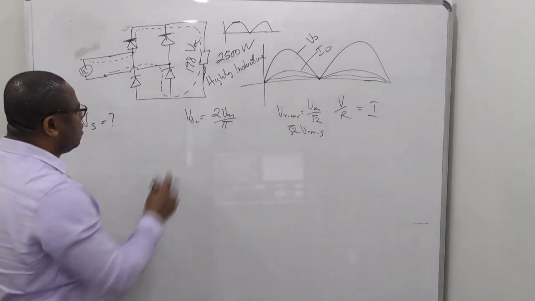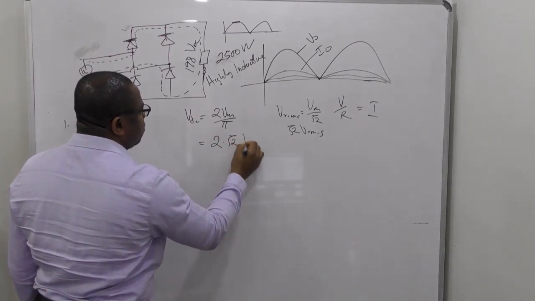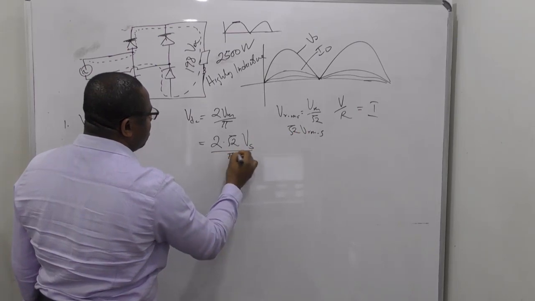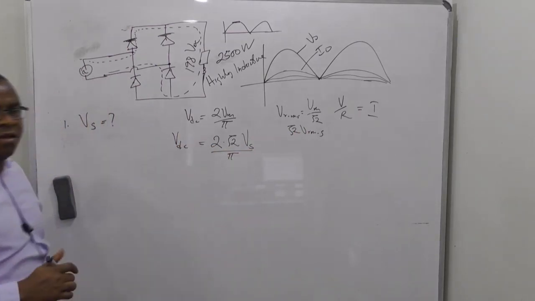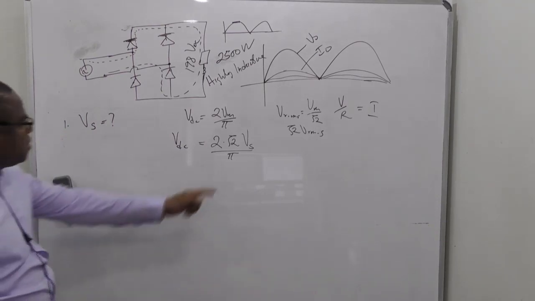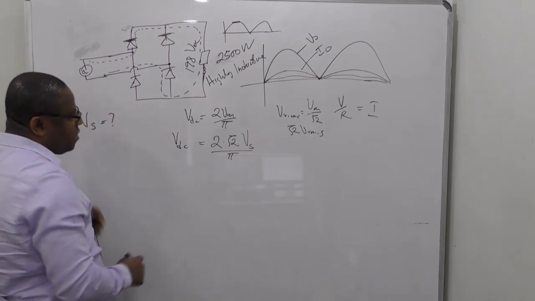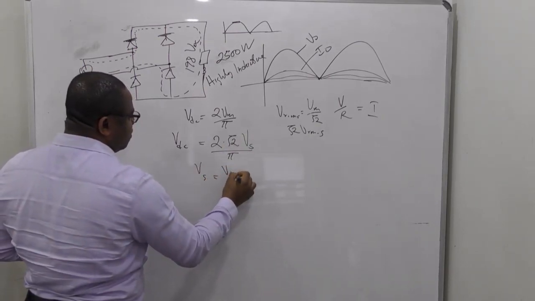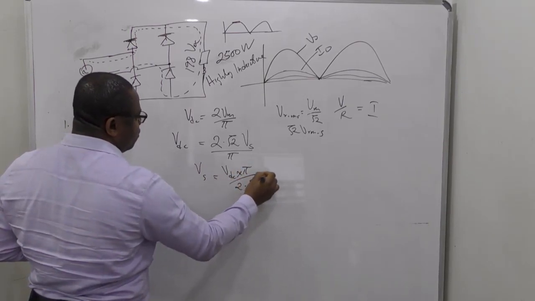So this can be written as 2 root 2 V source divided by pi equal to VDC. I just need to calculate that Vrms, which you can make the subject of the formula: VDC times pi over 2 root 2.